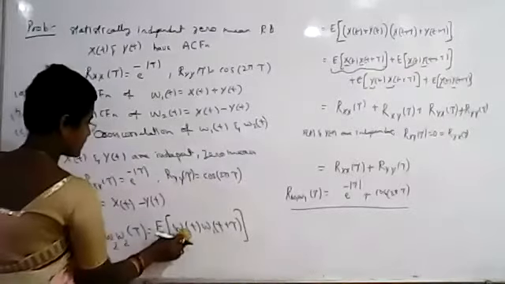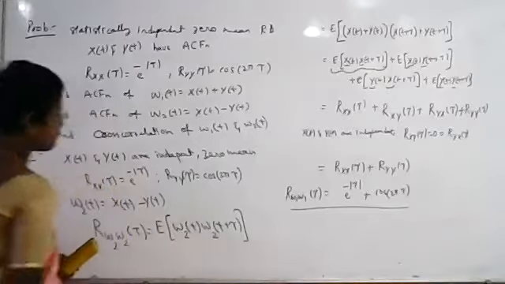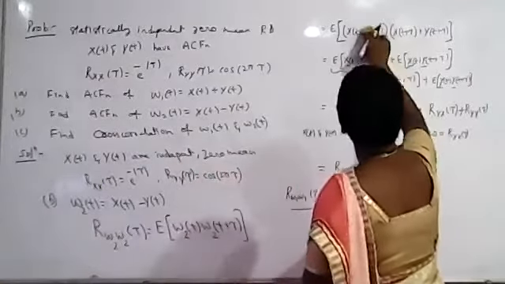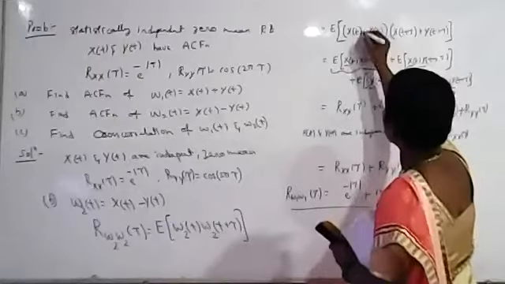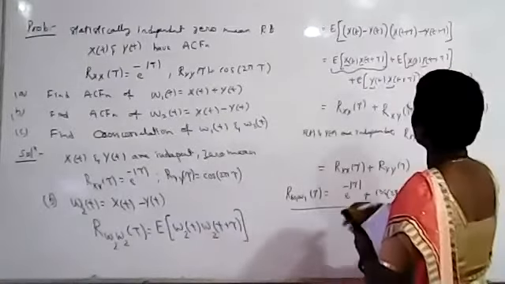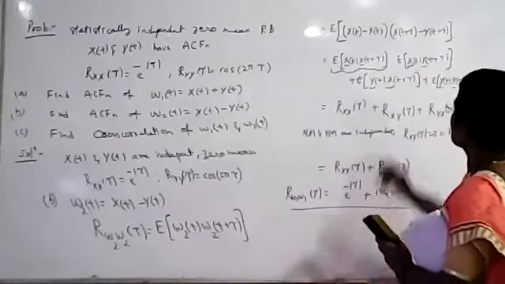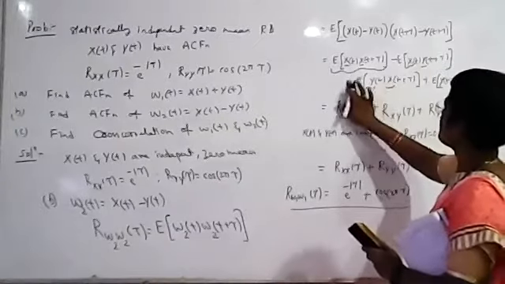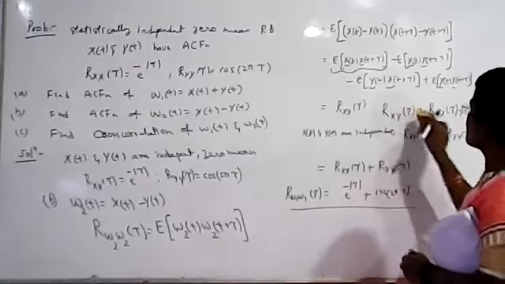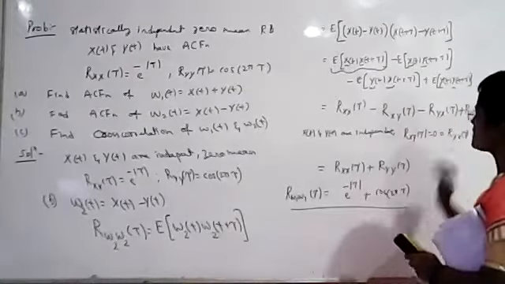Here it is expected value of omega 2 of t plus tau. What is the difference here? Here we will be having a minus sign. Here we have minus, and here also we have minus. Now we get minus here, minus here, and plus here. And similarly here also: this is minus, this is minus, this is plus.